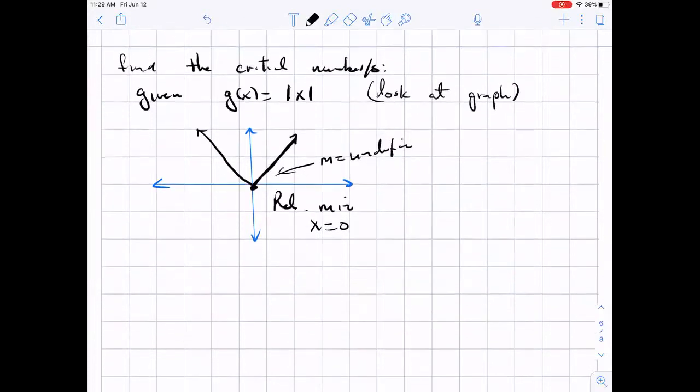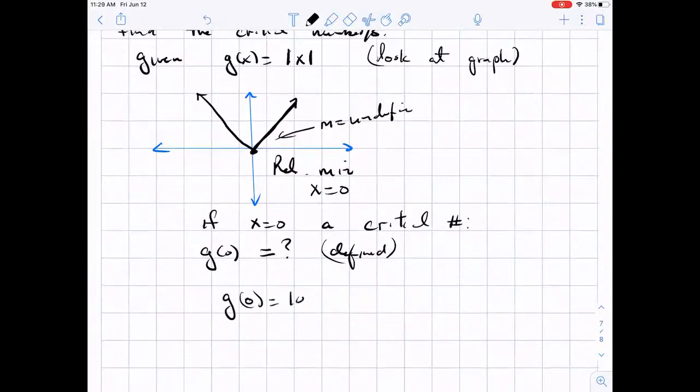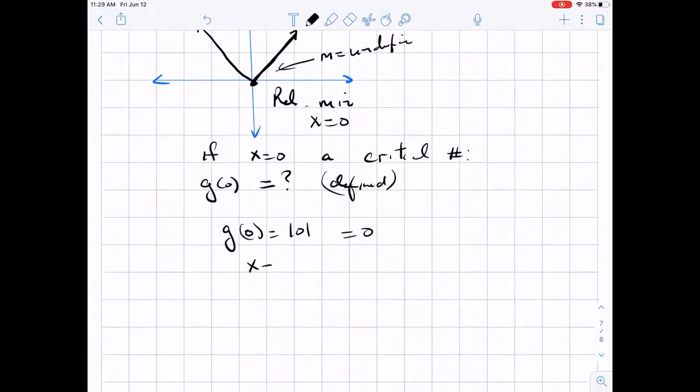Well, is x equals 0 a critical number? Well, is g of 0 defined? And if it is, then the critical number is 0. So what is g of 0? Well, it's the absolute value of 0, which is equal to 0. Therefore, x equals 0 is a critical number.